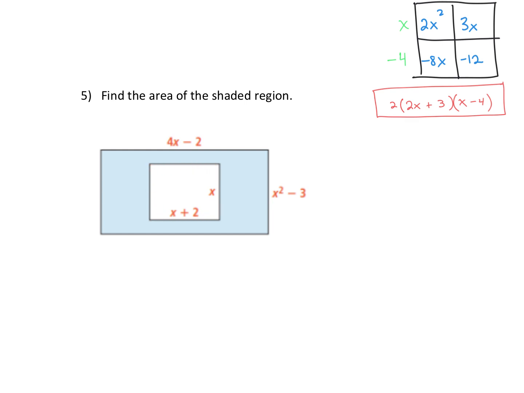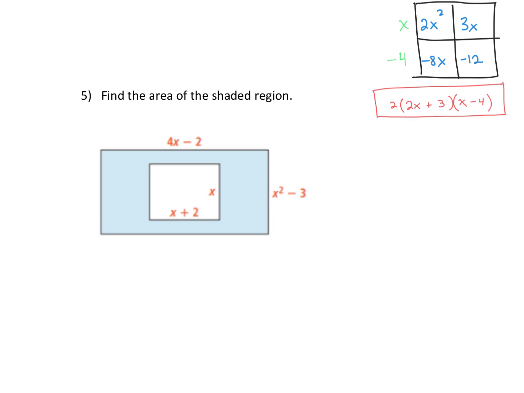If I could take away this small rectangle, it would leave me with the shaded region. So what we're going to do here is find the area of the big rectangle, the whole thing, all of it, and then take away the area of the small rectangle. If we remove that, it will leave us with the shaded region, which is what they're asking for.